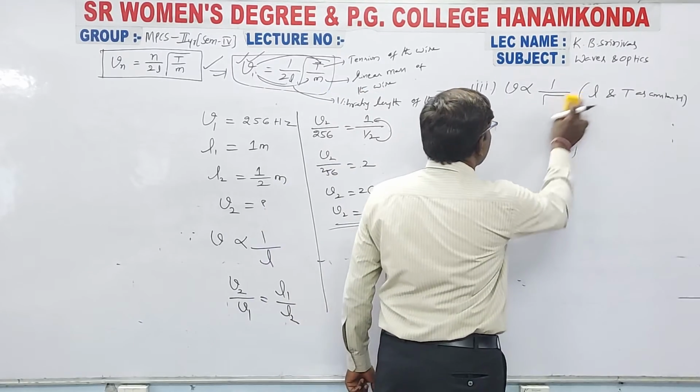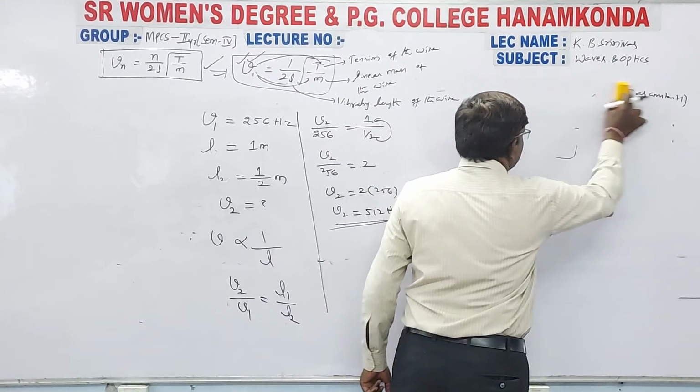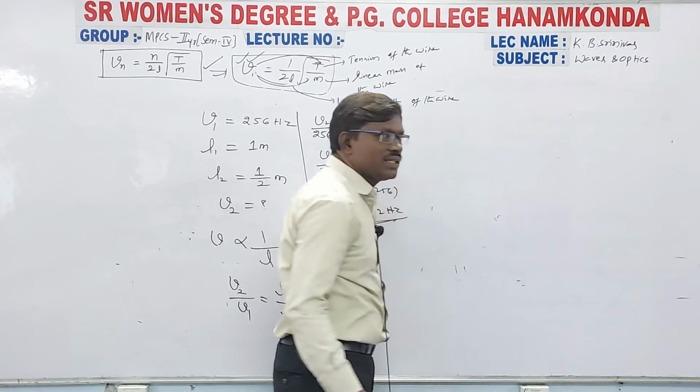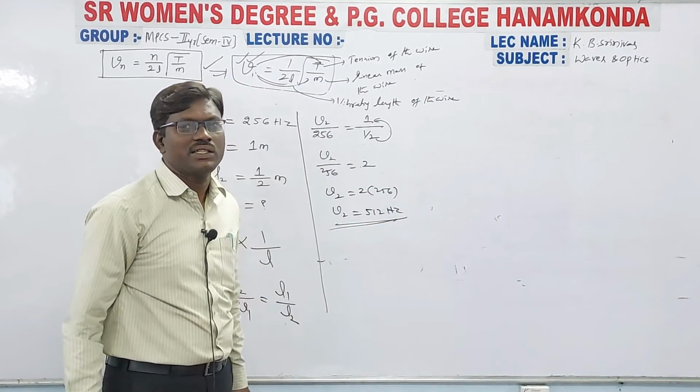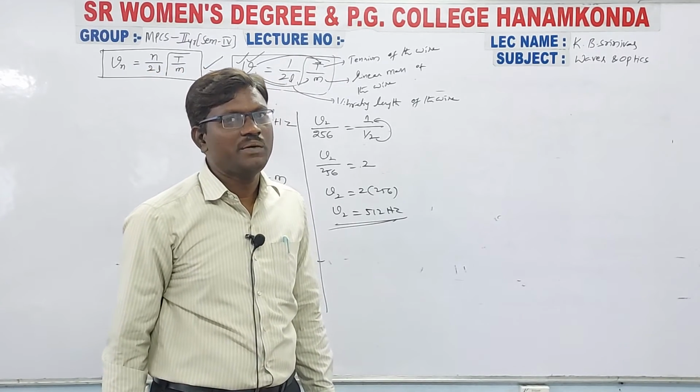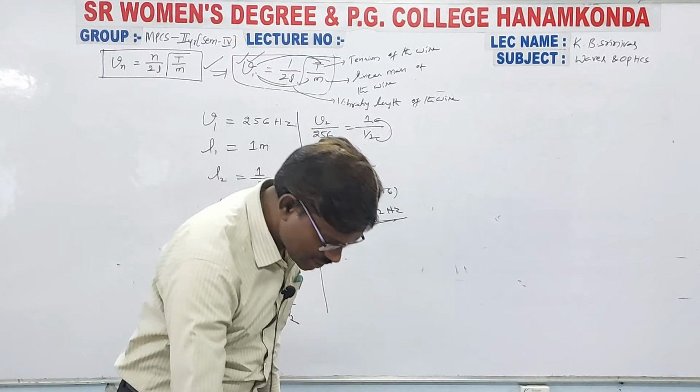Let us do one more problem which is related to velocity of transverse wave in a string. What is the expression for velocity of transverse wave? V is equal to under root of T by small m, clear, right.